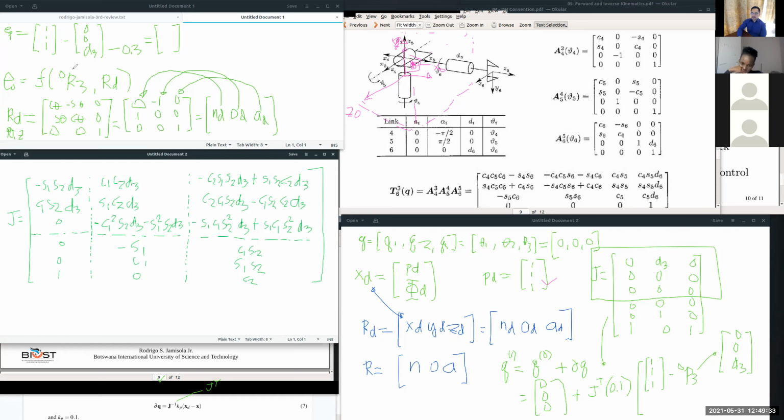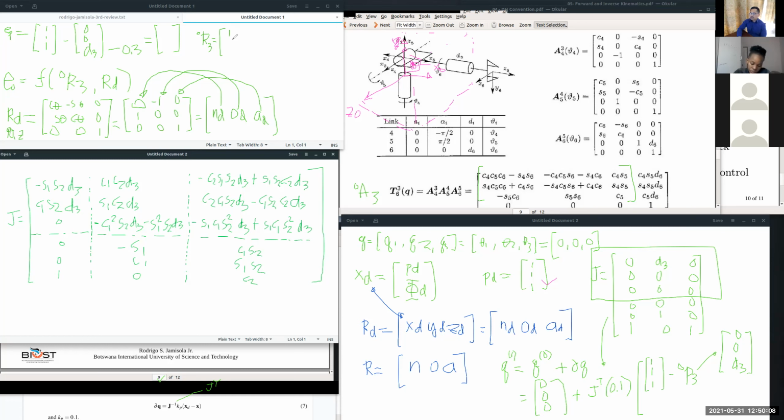So what is your 0R3? Your 0R3 is computed from the transformation matrix, of course, which is computed from 0A3, where your 0R3 is this part of the rotation. Because everything is zero value, anything with a sine is zero. So this is 1. First part is 1 minus 0, that's 0.